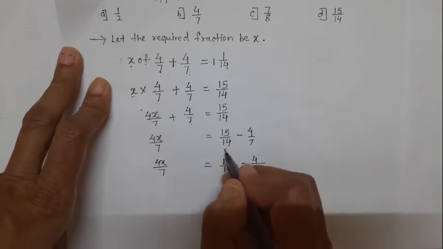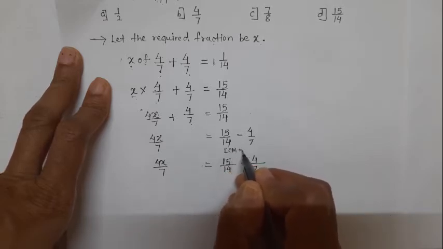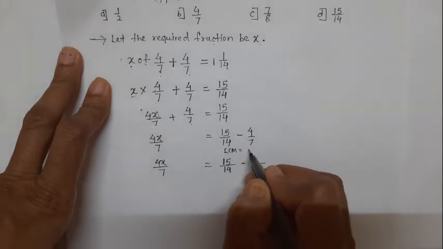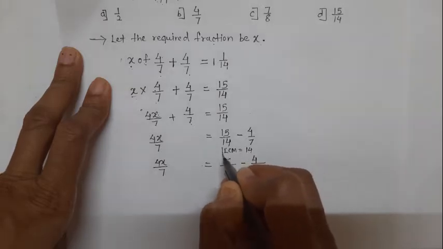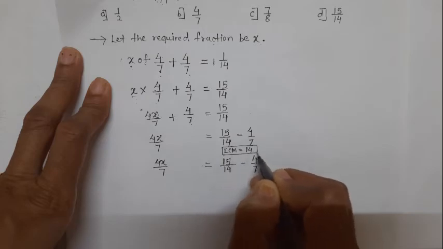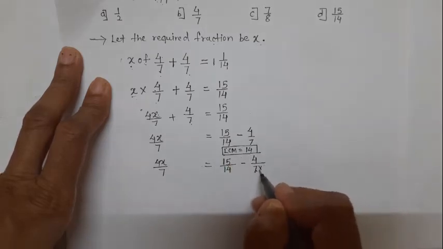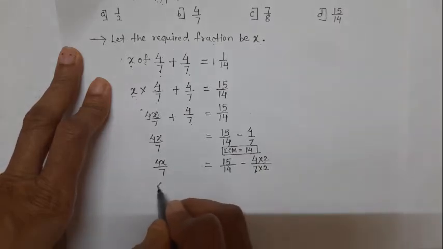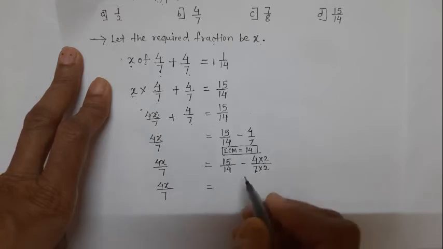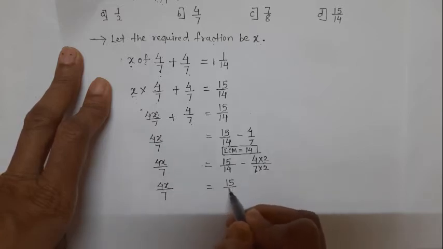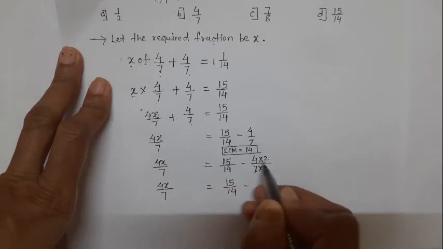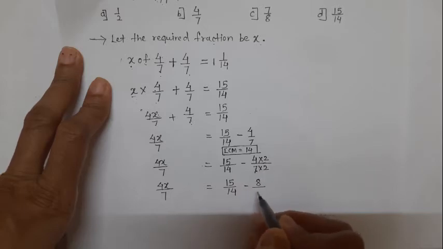Here I will write LCM is equal to 14. LCM of 14 and 7 is 14. So 7 2s are 14, so here also multiply by 2. This side write as it is: 4x upon 7 is equal to 15 upon 14 as it is, minus 4 2s are 8, 7 2s are 14.